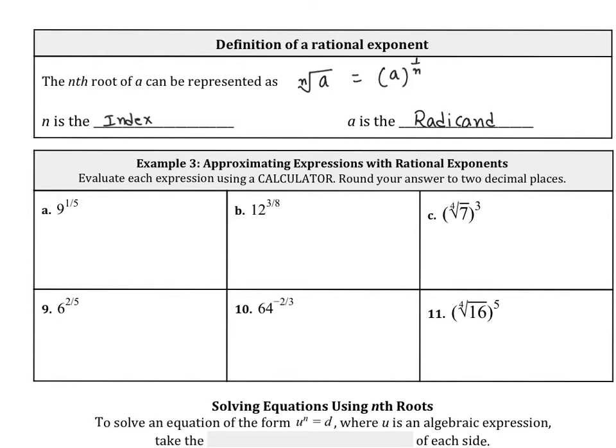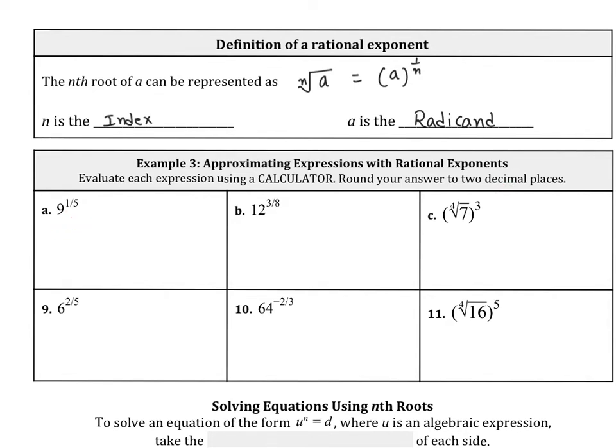So the number that is inside the radical symbol is called radicand. Now we are going to do example number 3, approximating expressions with rational exponent. Evaluate each expression with the use of calculator. Round your answer to 2 decimal places. So we're going to use 9 to the power 1 over 5.